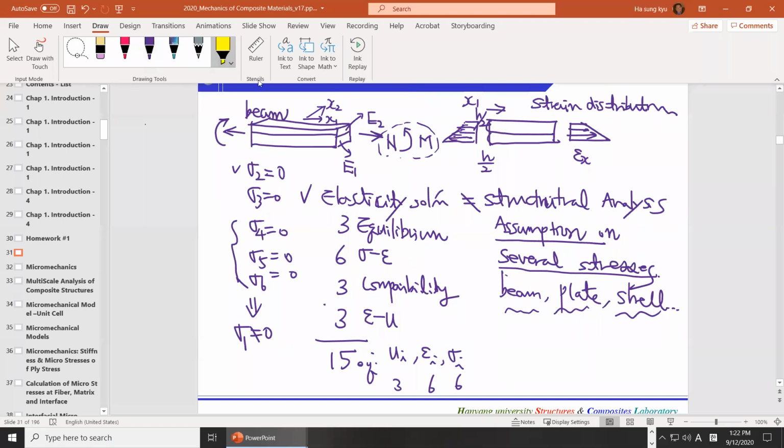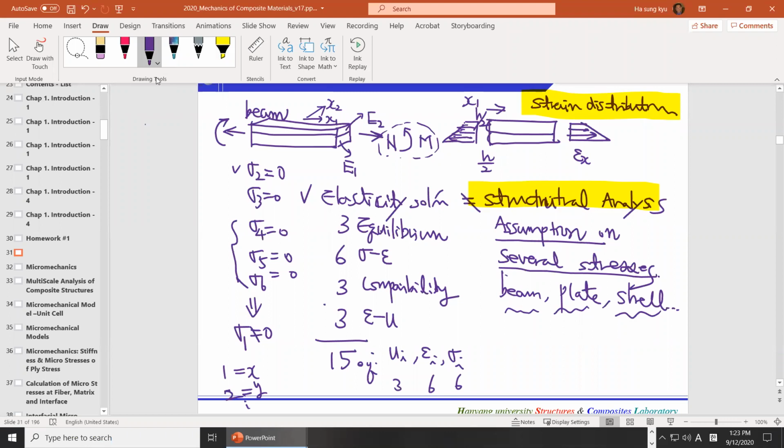Again, in structural analysis, we need to start with a strain assumption. Strain assumption means that we assume strain distributions. In this case, sigma 1 and sigma x mean the same thing. 1 means x, and 2 means y, and so on.